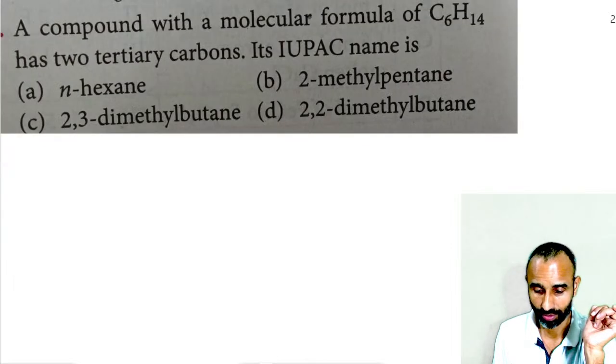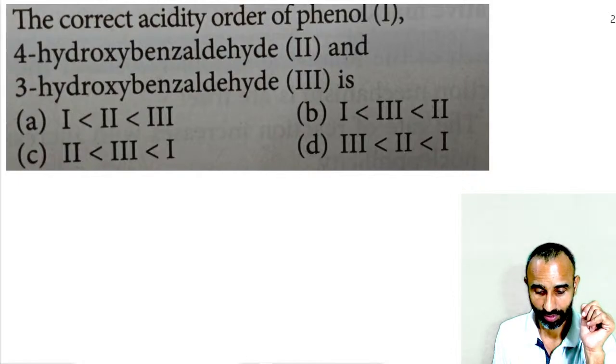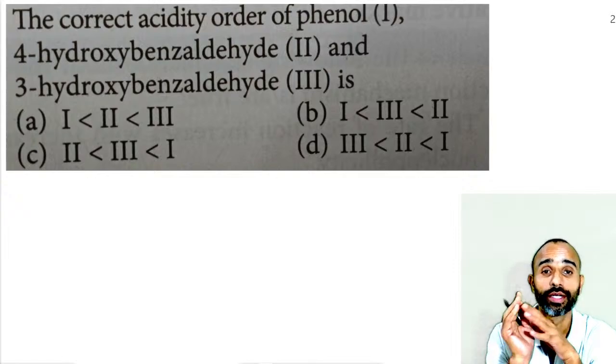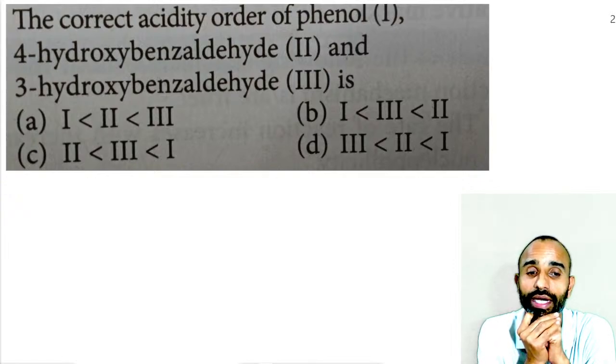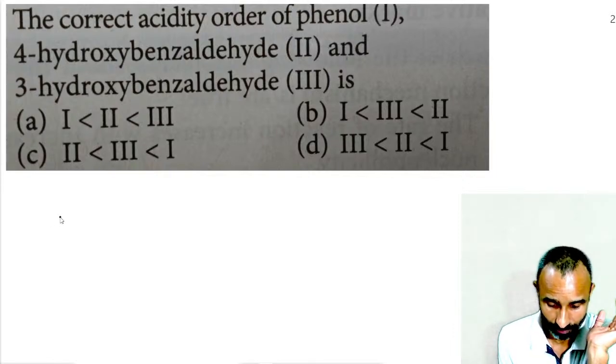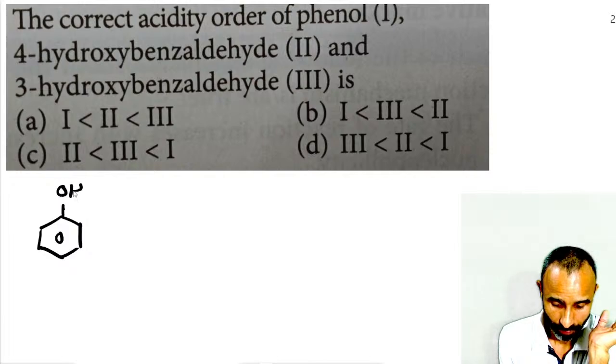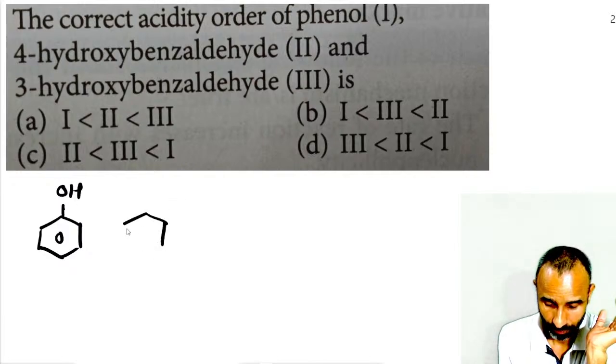Okay, this is a different chapter. Okay. Correct acidity order of phenol, 4-hydroxybenzaldehyde and 3-hydroxybenzaldehyde. Phenol. So 4 means para and 3 means meta.